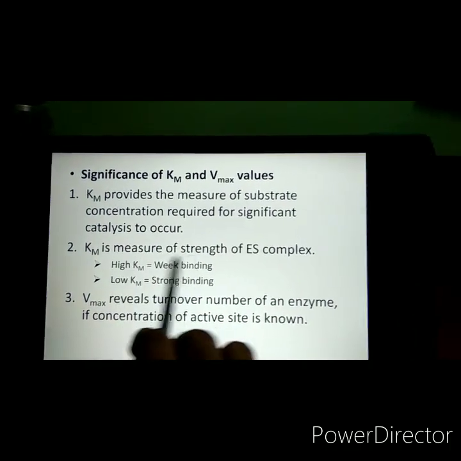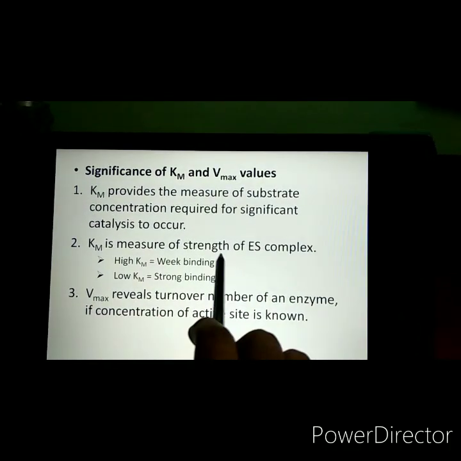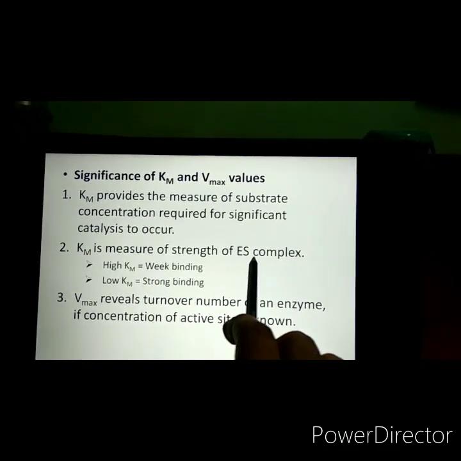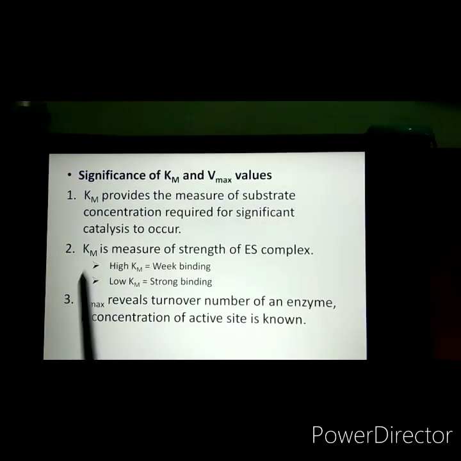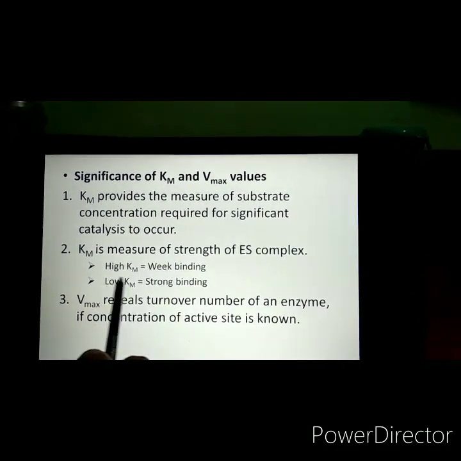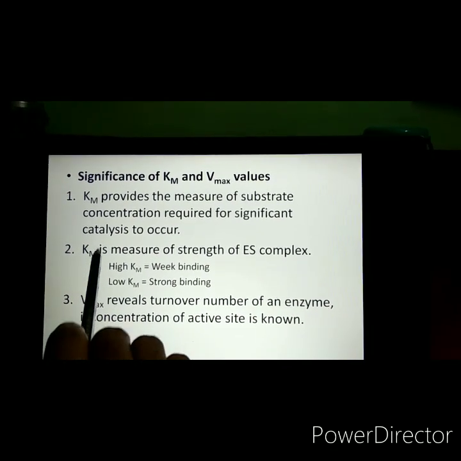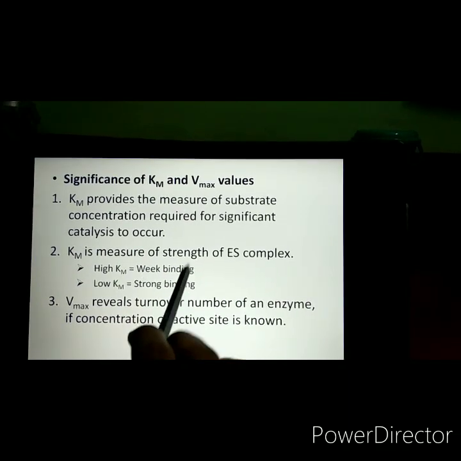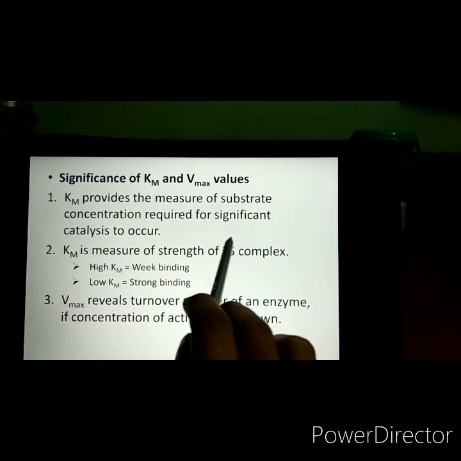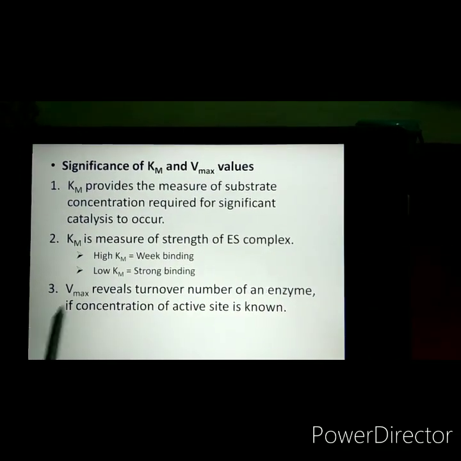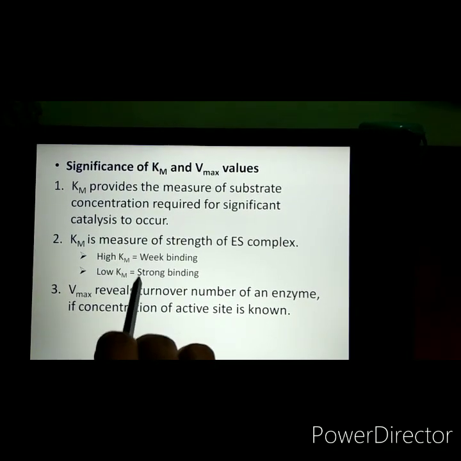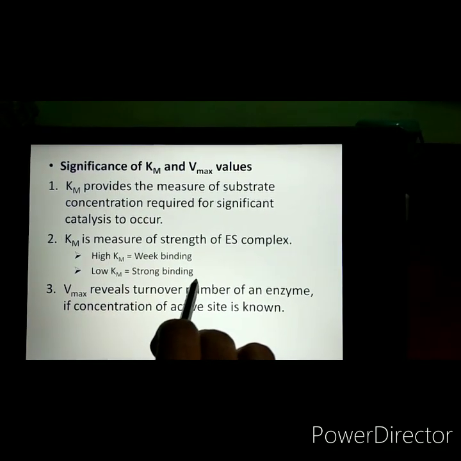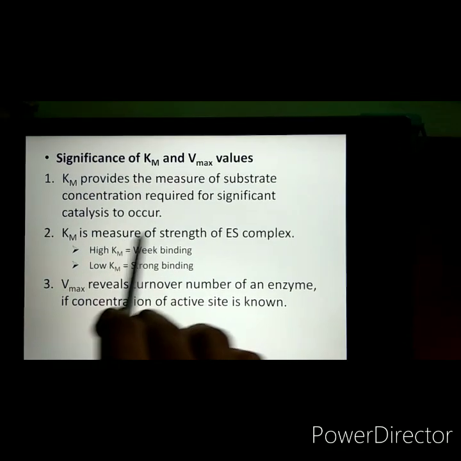Here you can see Km is also a measure of the strength of the ES complex, the enzyme substrate complex. If the Km value is high, there will be weak binding, that is the enzyme substrate complex will be loosely bound, while at low Km values the enzyme substrate complex will be strongly bound.